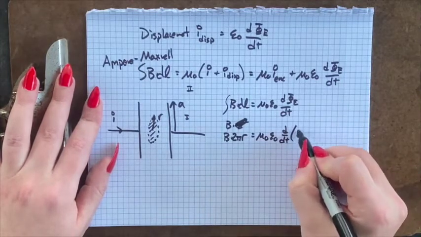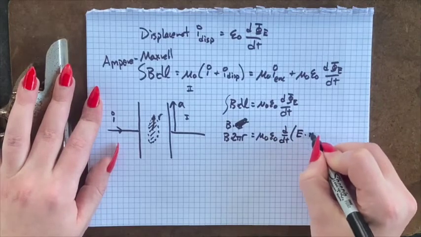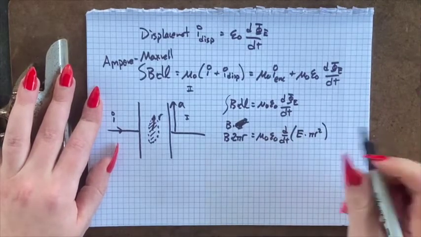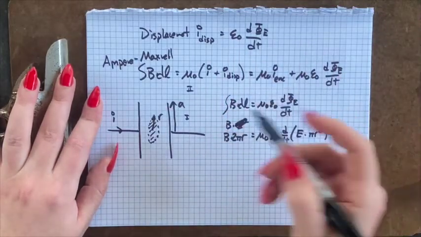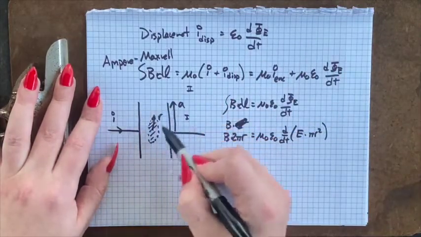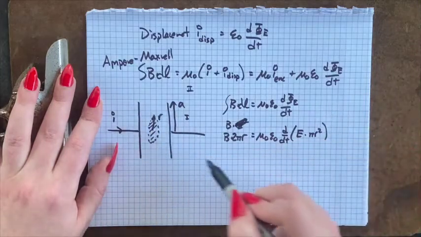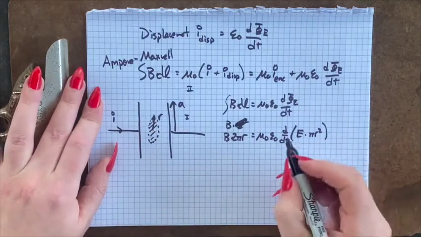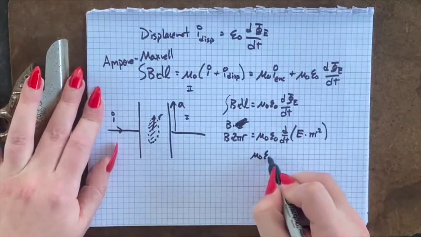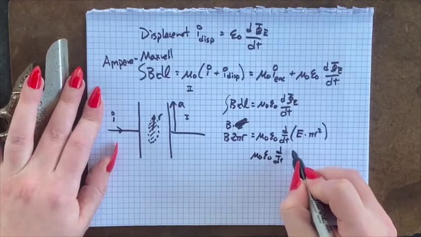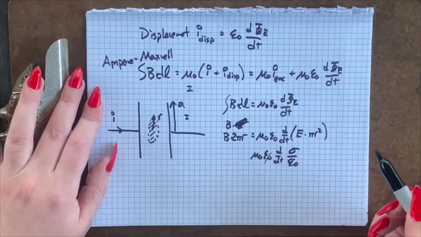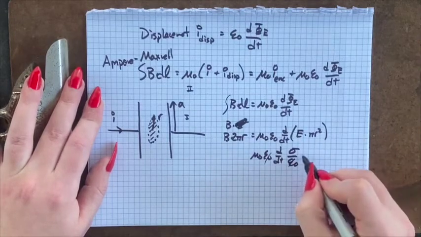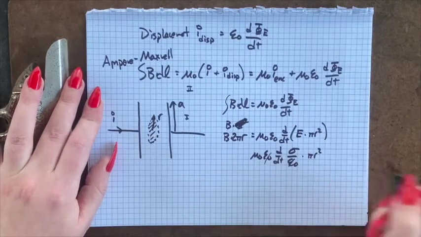We have the electric field times the area, π r squared. And the electric field is uniform all in between the plates, right? Regardless of whether we're inside or outside. Everywhere between the plates has the same electric field. So that would be μ0 ε0 d/dt of σ over ε0. That should give us some cancellation, and then times π r squared.